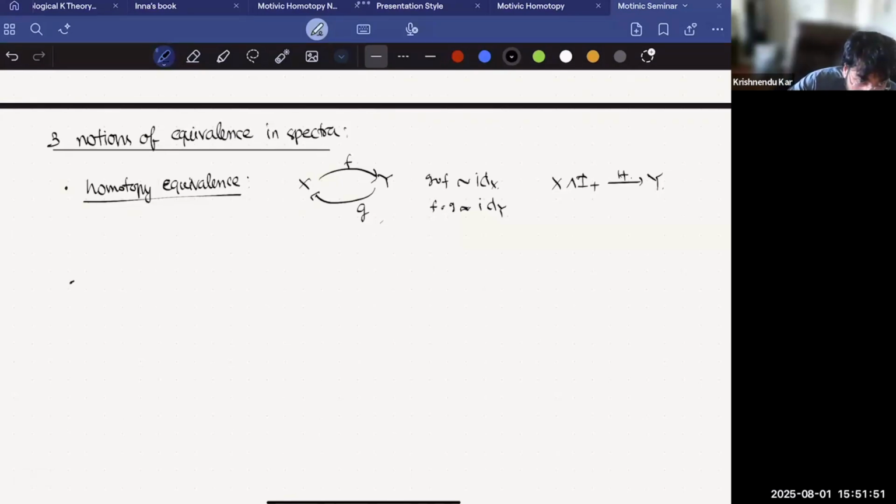The second way of doing that is level equivalence. That will be more familiar to you guys in this discussion.